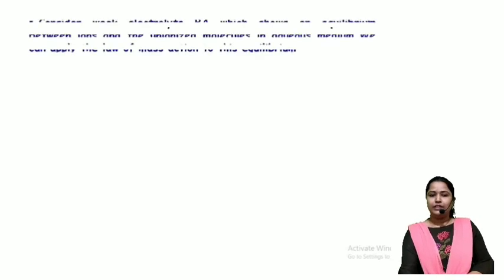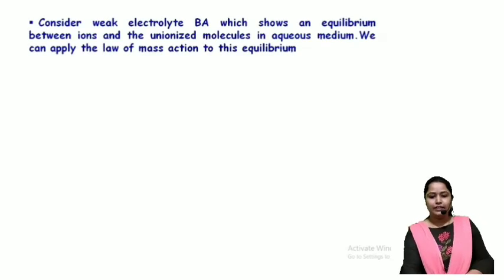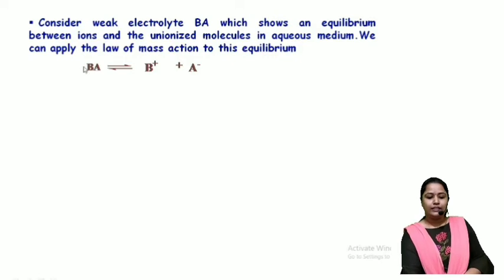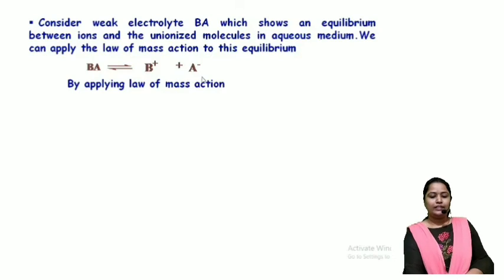Let's see one example. Consider a weak electrolyte BA which shows an equilibrium between ions and the unionized molecules in aqueous medium. Here is a salt BA which is added in water and it is in equilibrium with its ions. These are the unionized molecules of BA, and these are the dissociated ions of the weak electrolyte BA.